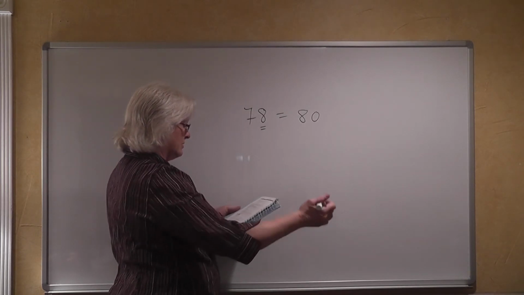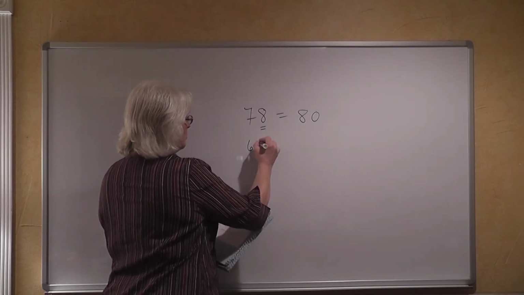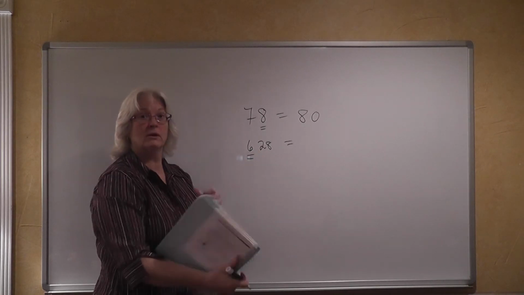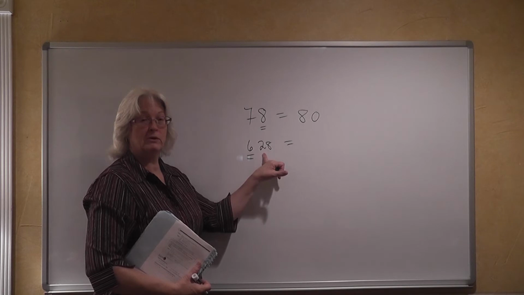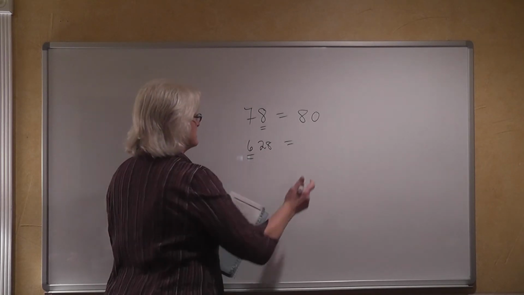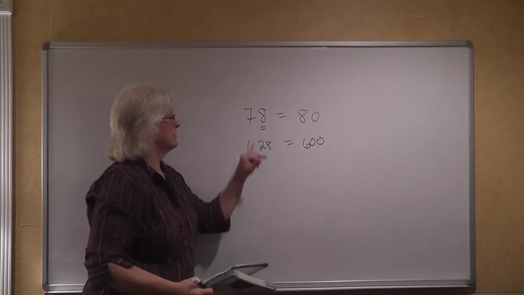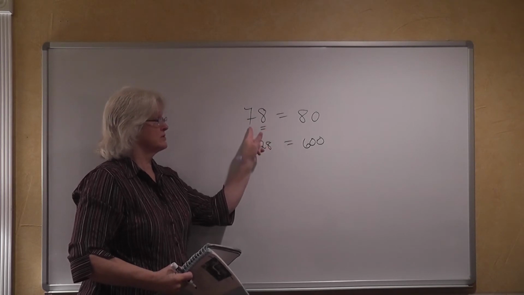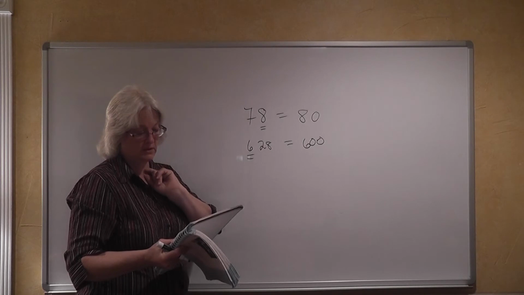We want to round 628 to the nearest 100. The digit 6 is in the hundreds place. The 2 tells us that 628 is closer to 600 than it is to 700. 78 is closer to 80, so the 7 increased by 1 to 8.